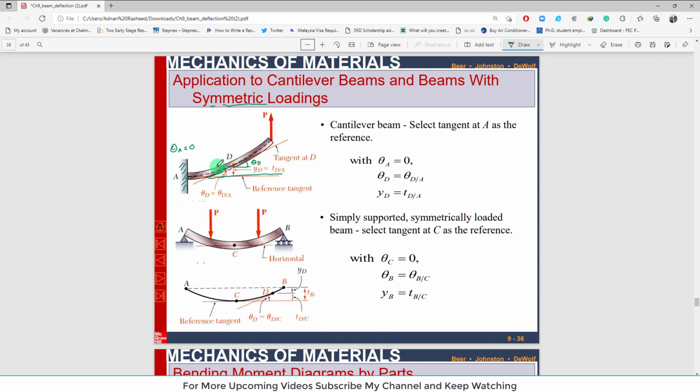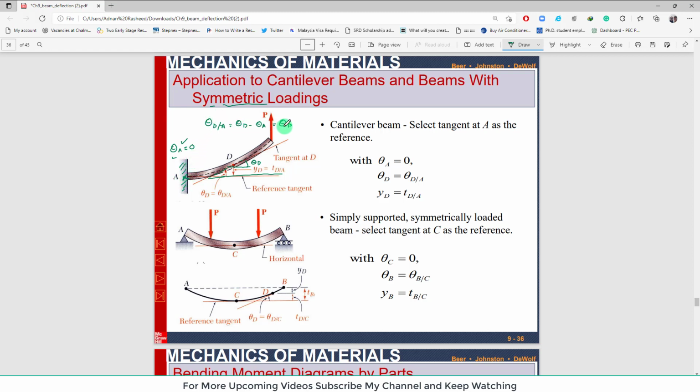Now if you are interested in finding theta D, theta A can be taken as a reference because theta A is equal to 0. So theta DA, which means theta D minus theta A, is equal to theta D. You know that theta A is equal to 0 because it is a fixed support.